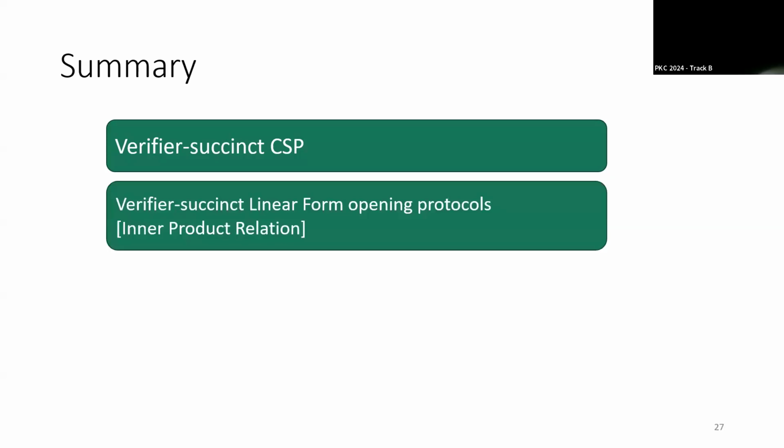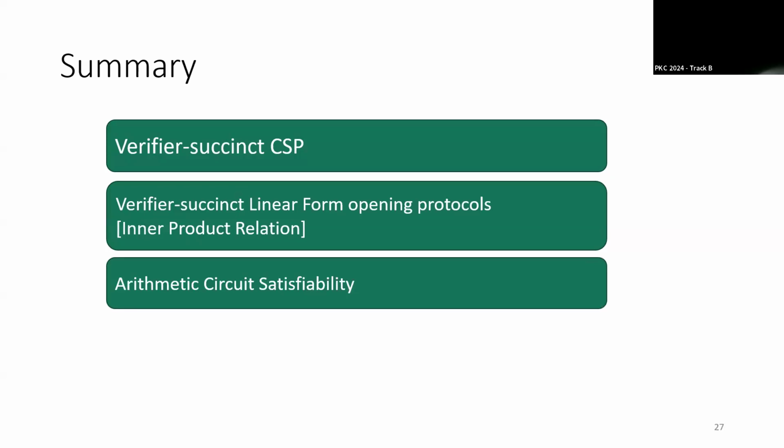To do that, we first take a look at how to obtain verifier succinct linear form opening protocols, which is a variant of inner product relation. And using that along with other primitives, we see how to get verifier succinct arithmetic circuit satisfiability protocols.